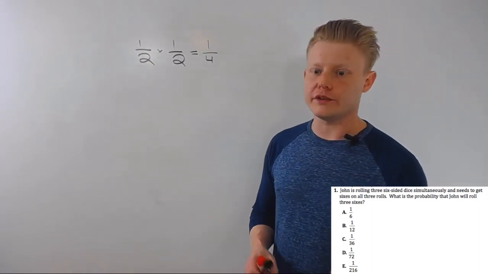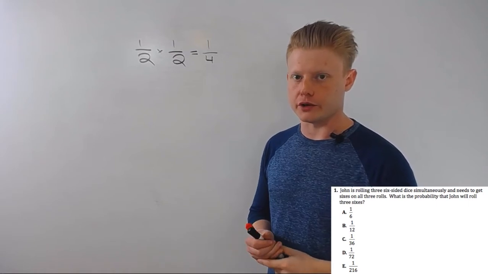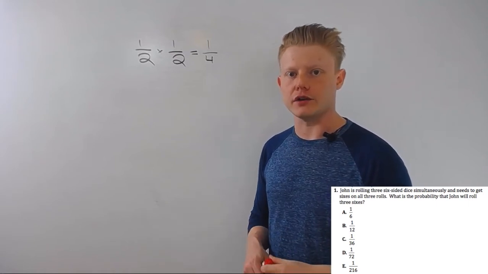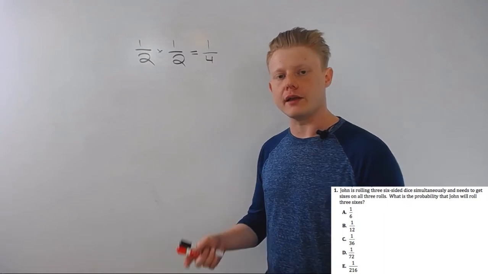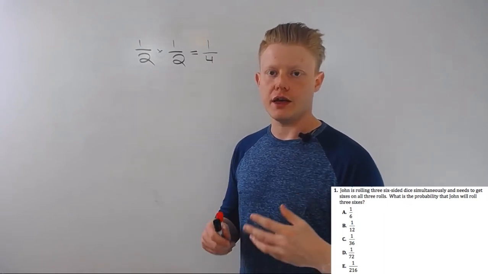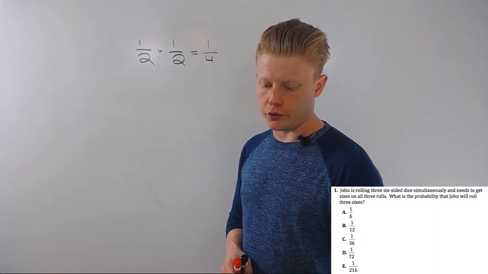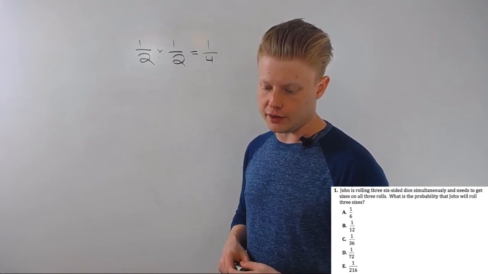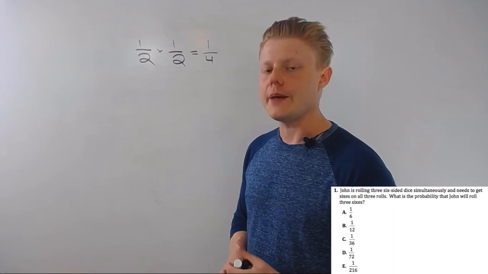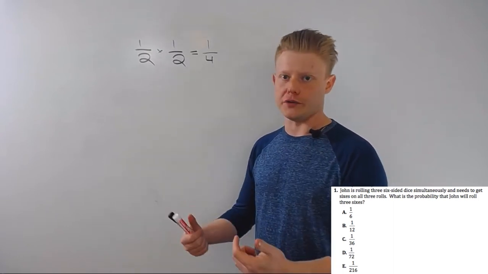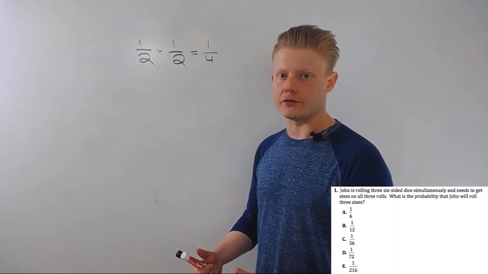Let's take a look at the example at the bottom of your screen. Again, it's kind of text heavy. You can expect that on that sort of problem. They left the answer choices in terms of fractions. Again, fairly common. John's rolling 3 6-sided dice and needs to get 6s in all 3 rolls. Now, it doesn't matter that he's rolling them all at the same time. It doesn't have to be one after another.